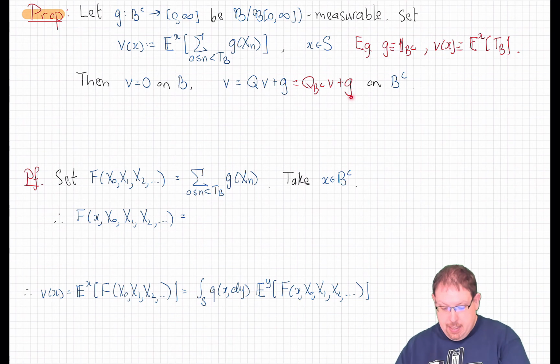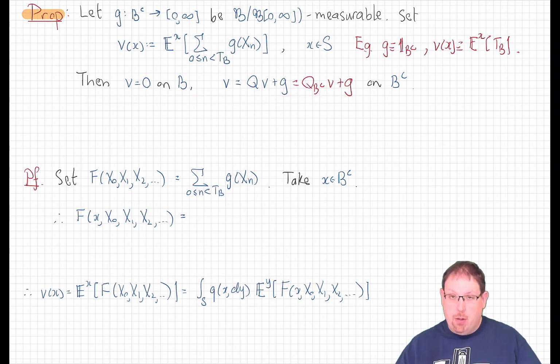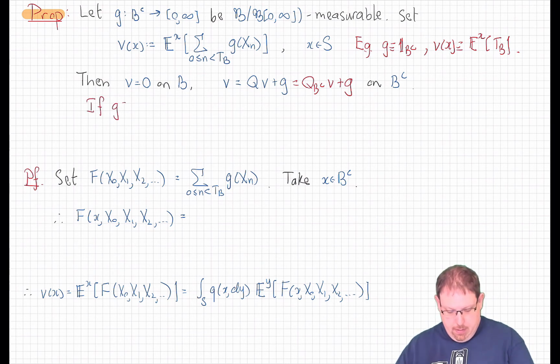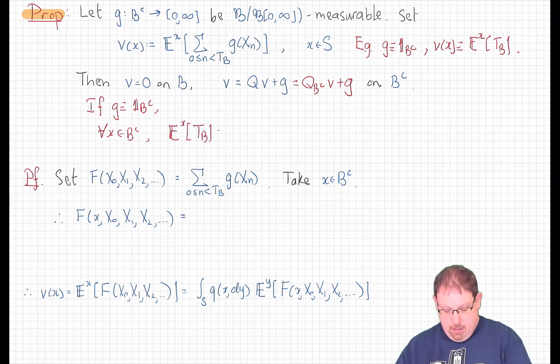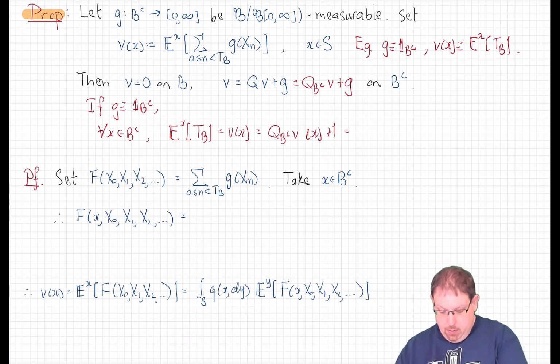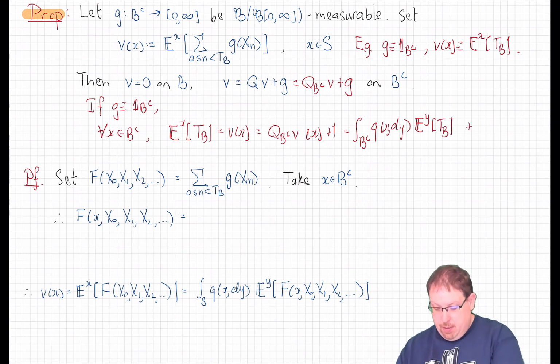And if we specialize this recursion to that case, we get the following equation for computing the expected value of the hitting time. For every x in B complement, v of x, which is the expected value of T_B, is Q_B complement v at x plus 1, which is the integral over B complement of Q of x dy, expected value of the hitting time started at y, plus 1.